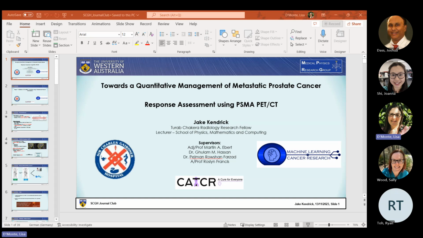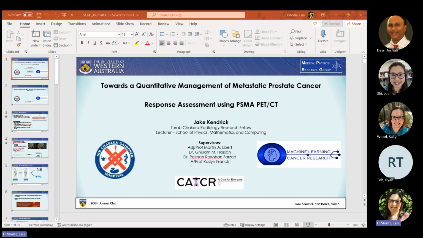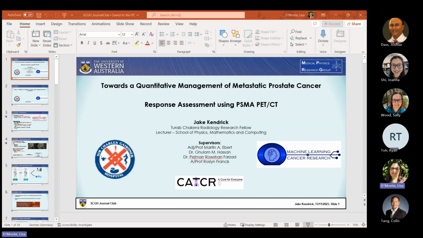And in this space, gallium PSMA PET imaging is really becoming the standard imaging modality because this specific radiotracer binds with very high affinity to the PSMA receptor, which is overexpressed in the overwhelming majority of prostate cancer cells. But of course, medical images, on top of being something that we can qualitatively interpret, are actually a form of quantitative data. And we can analyze this data in certain ways to yield improved patient outcomes and also optimization of clinical workflows. We'll talk a little bit about exactly what that means throughout this presentation.